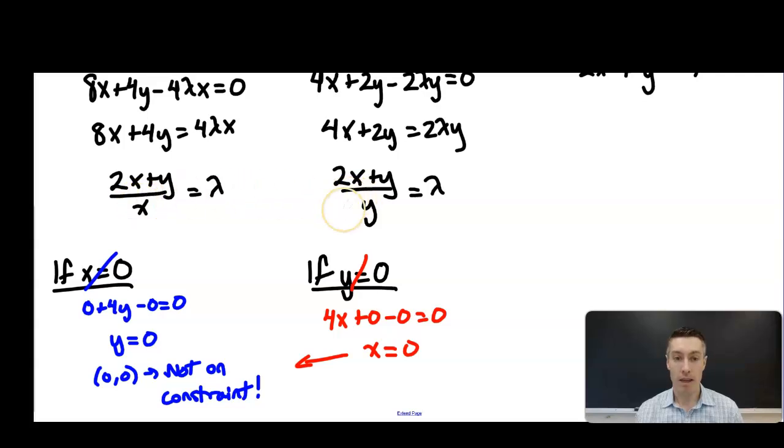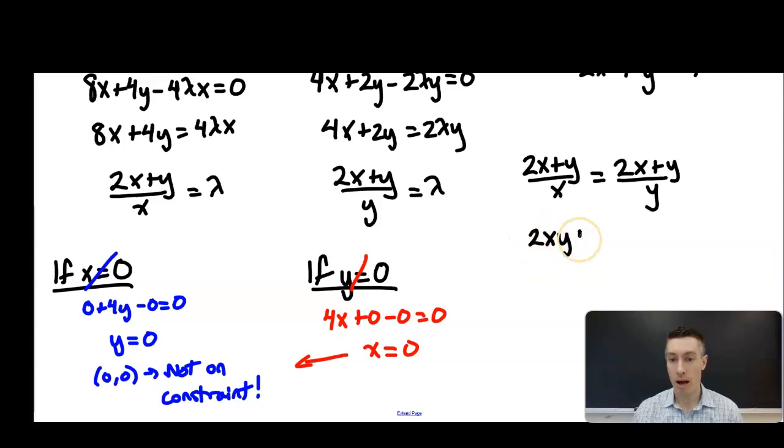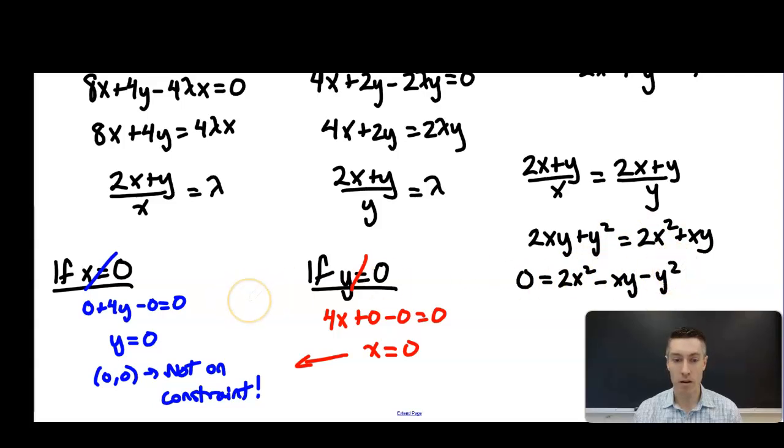Okay, so now we set our lambdas equal to each other. So (2x plus y) over x equals (2x plus y) over y. So 2xy plus y squared equals 2x squared plus xy. Quadratics, let's get it equal to 0. I'll move everything to the right side. So 2x squared minus xy minus y squared.